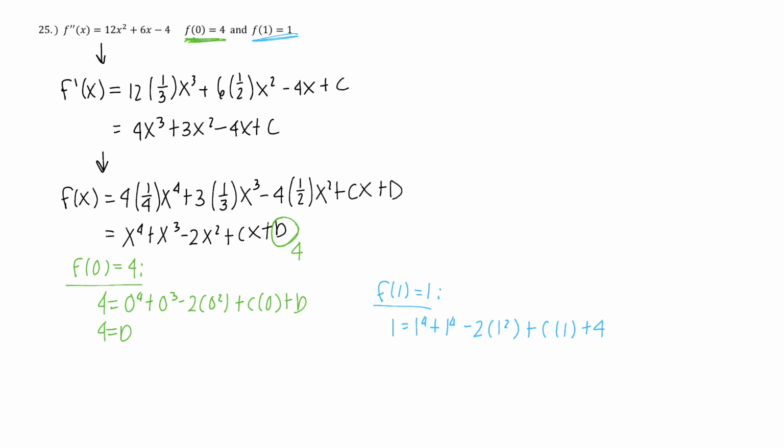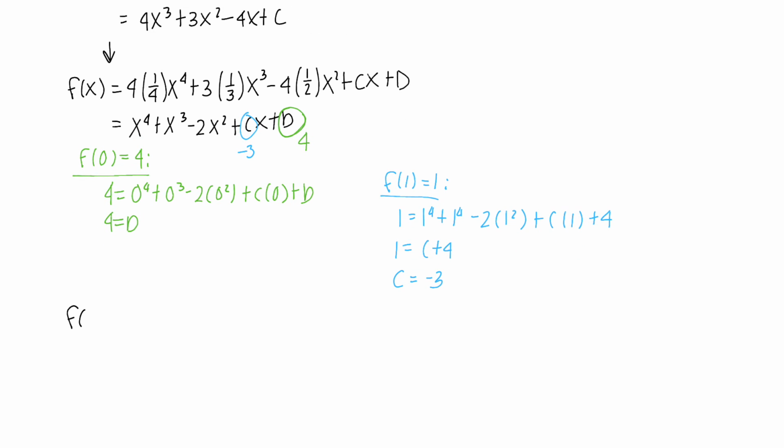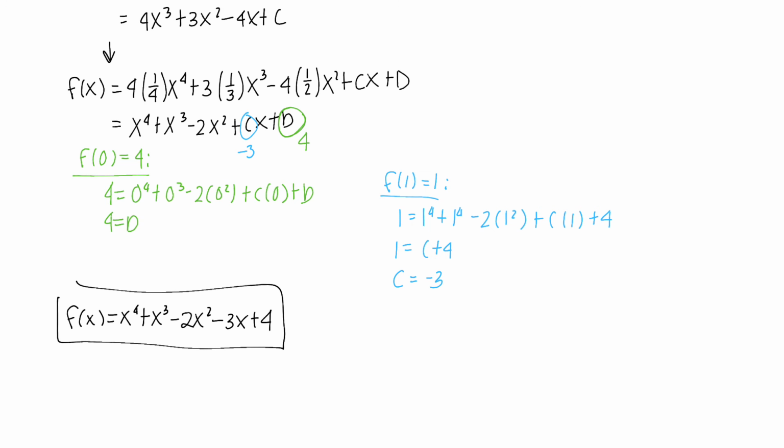So let's see, we have 1 plus 1 is 2, minus 2 is 0, plus 4, so 1 is equal to c plus 4. So c is equal to negative 3. So we can plug those both back in. We get f of x is equal to x to the 4th plus x cubed minus 2x squared minus 3x plus 4. And that is our final f of x.